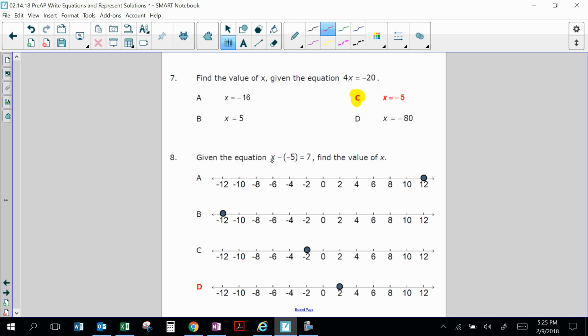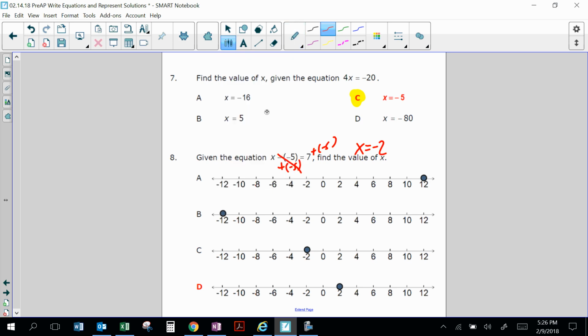Number 8. Here's the variable. What is the inverse of minus -5? This cancels. So 7 plus -5, x equals -2.